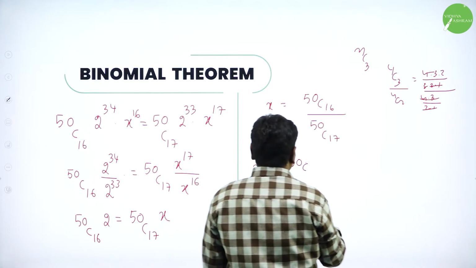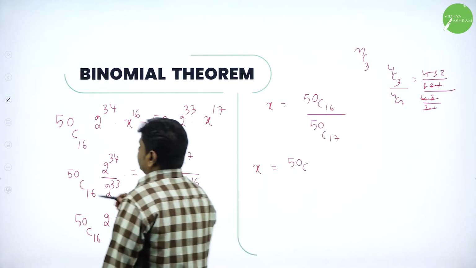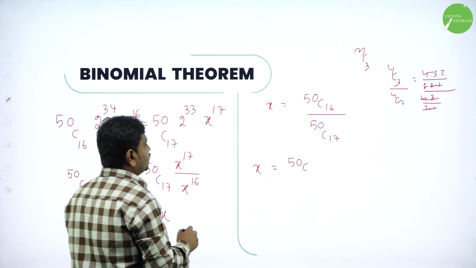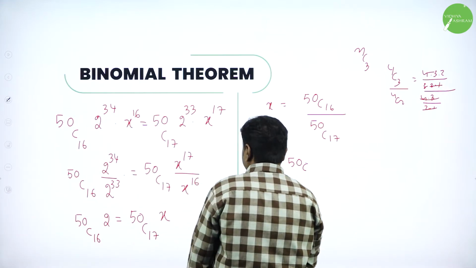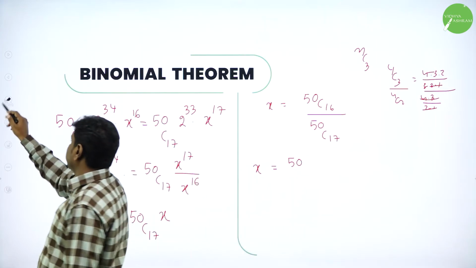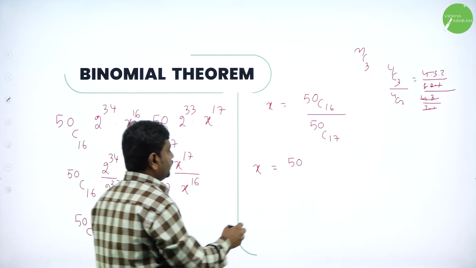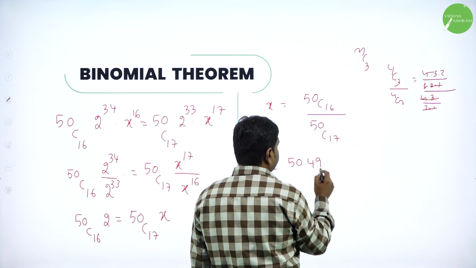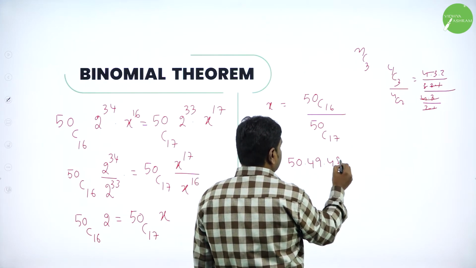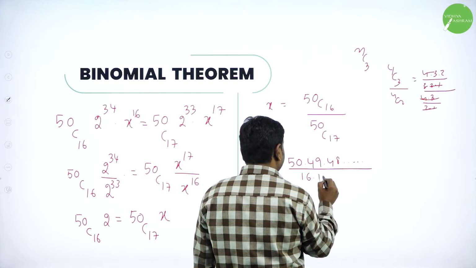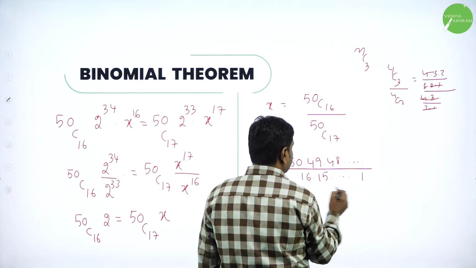So same, you have to expand this or simplify this further. All the terms cancel, denominator and numerator. So if we expand 50, 16 terms, 50, 49, 48, so on, divided by 16 into 15 into so on till 1.